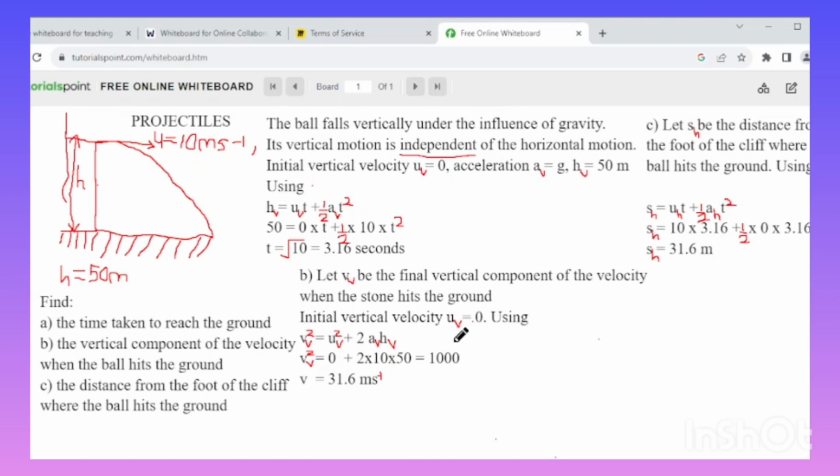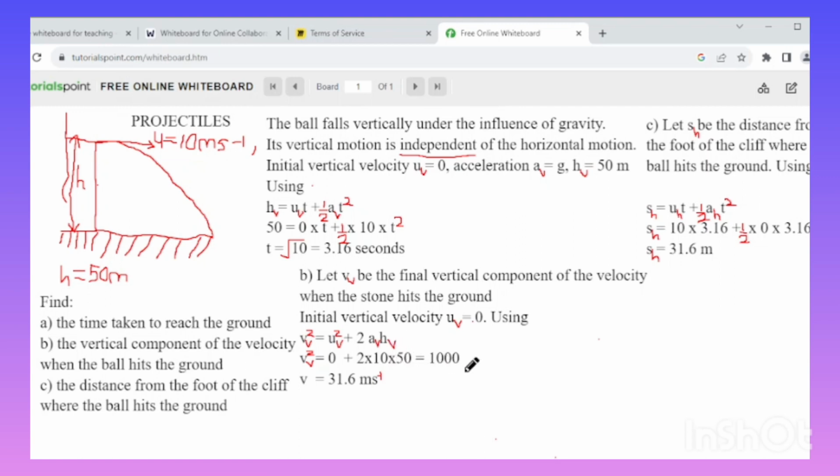Using v squared is equal to u subscript v squared plus 2a subscript v h subscript v. So u subscript v, the initial vertical velocity, is 0, then 2 times a subscript v, the vertical acceleration, which is our g, is 10, then the vertical height covered by the ball is 50.